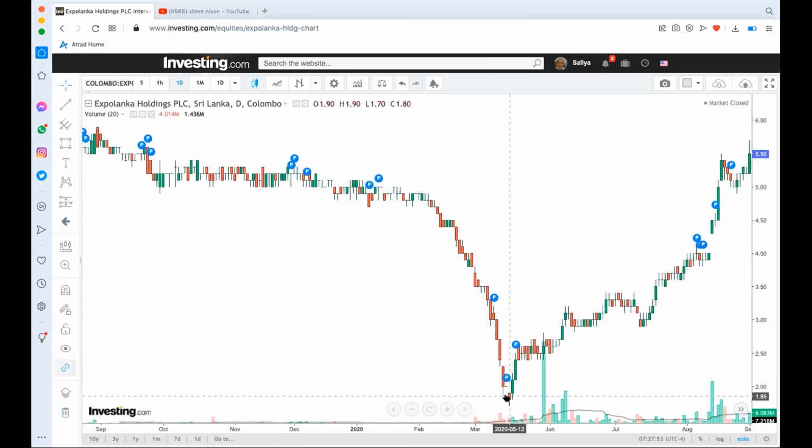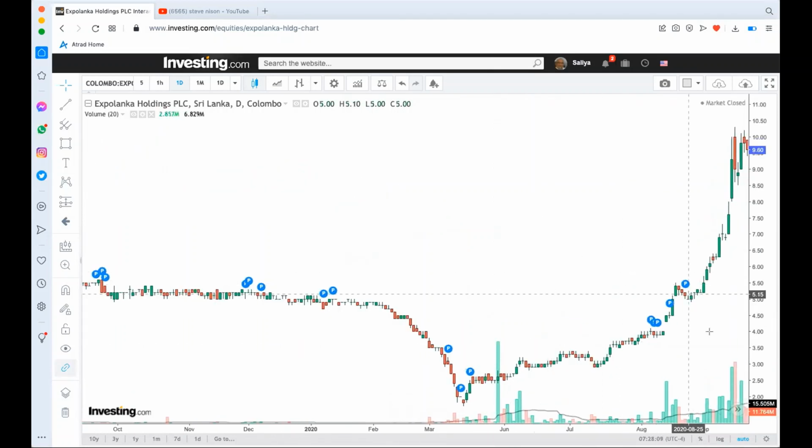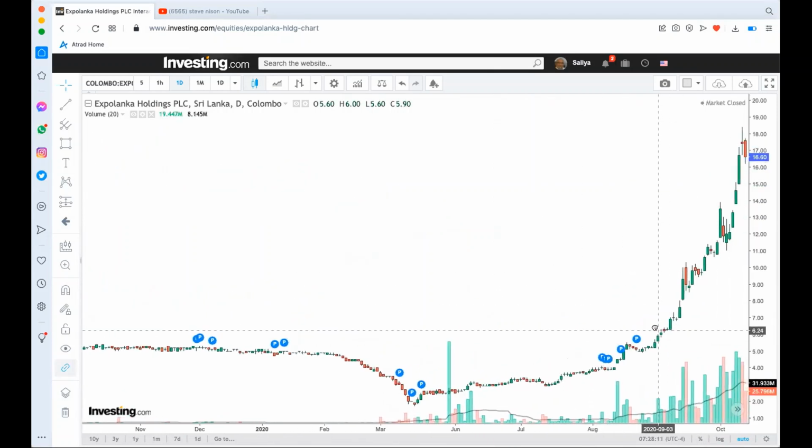Right? So ideally, what I'm trying to say is that if you see that formation at the bottom of a price, they are considered as hammers. Here you have a hammer, here you have a hammer, here also you have a hammer. But at the top, if you see the same formation, that is called a hanging man.